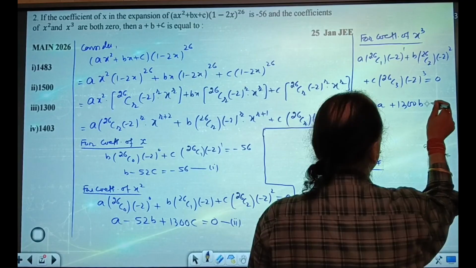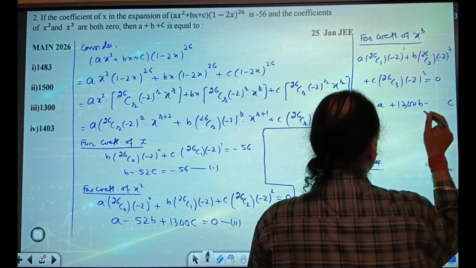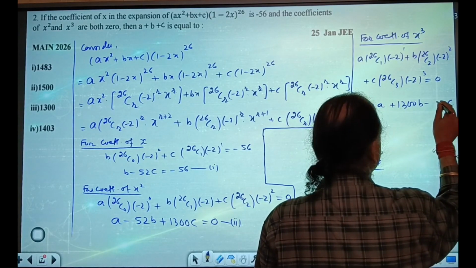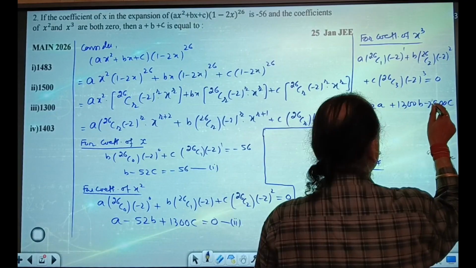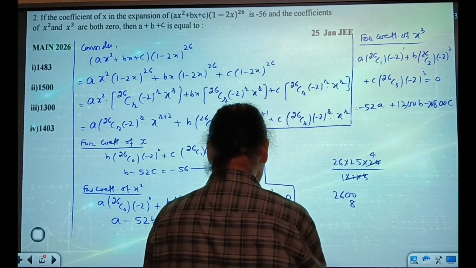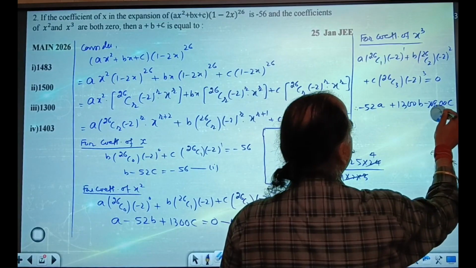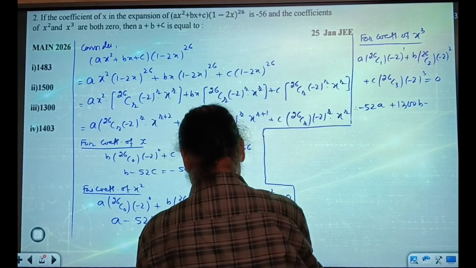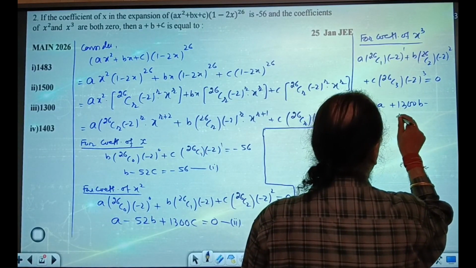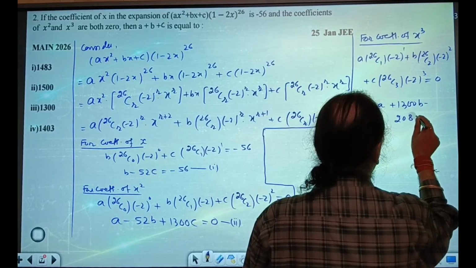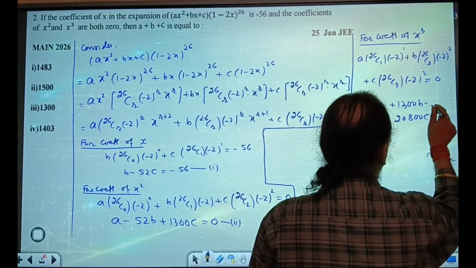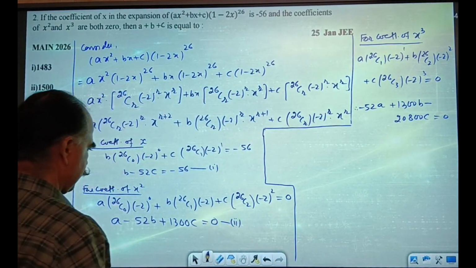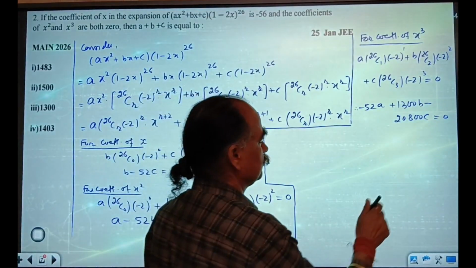So minus 20,800C. So we can take 1,300B across. This is equation number 3.